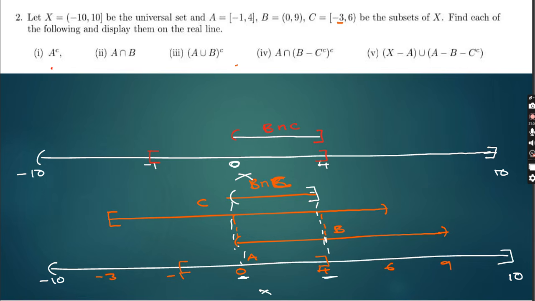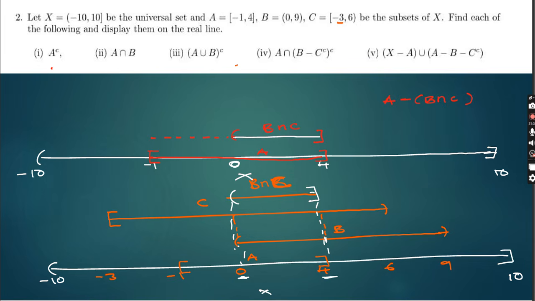So the question was to find A minus B intersection C. They are telling us from our set A here, let's remove B intersection C. Which segment is going to remain, guys? Actually, it is this part which is going to remain.